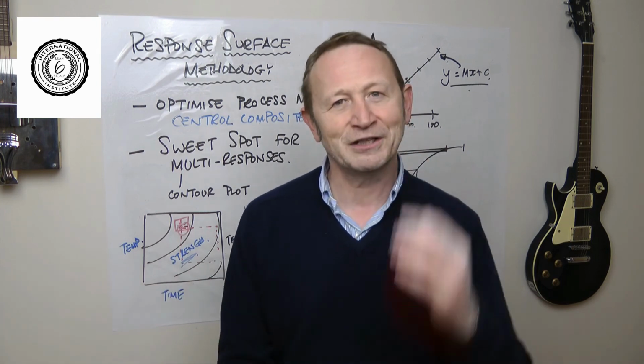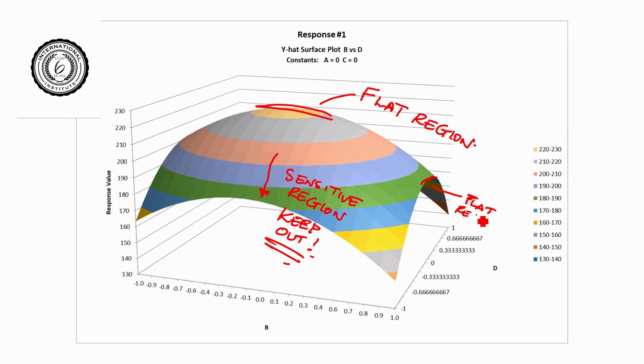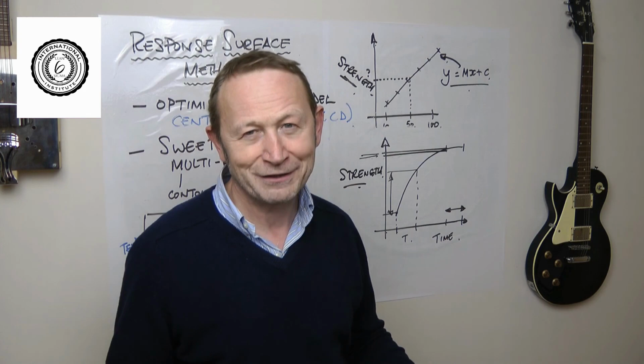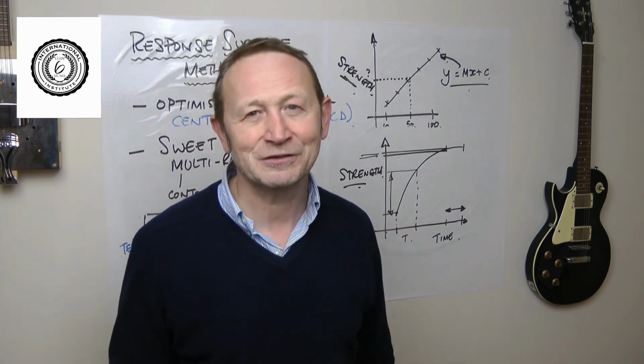And if you use response surfaces, if you find regions of robustness like this, your tolerances will be wider, you'll please the customer in a much cheaper and easy to achieve way, and basically you'll make more money. Response surface methodology.